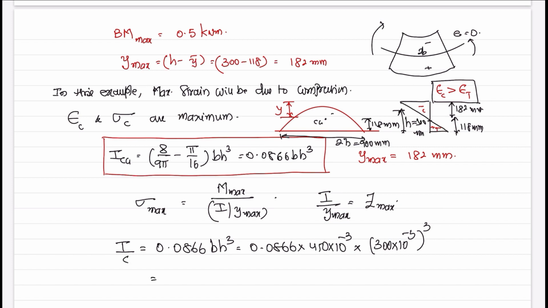The ICG of the section is equal to 0.0866 into 450 into 10 to the power of minus 3 into 300 into 300 into 300 into 10 to the power of minus 3 cubed, which is 10 to the power of minus 9.